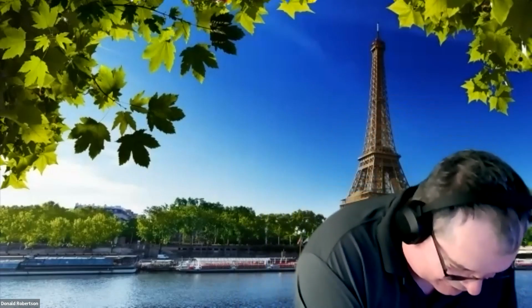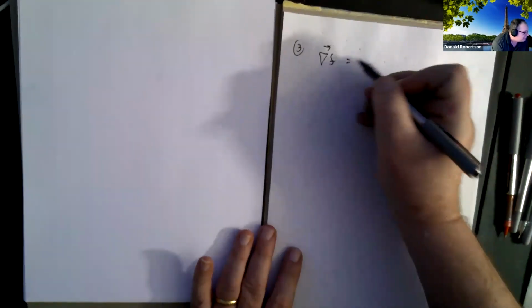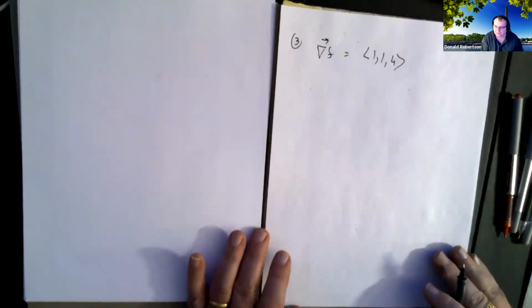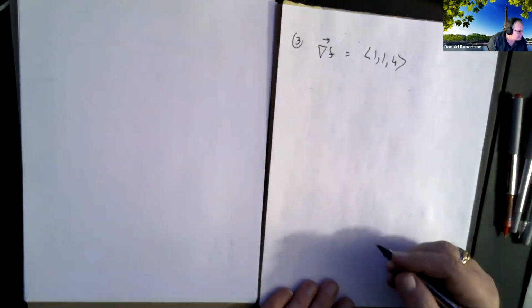If you did the gradient, let me jump to the screens. The gradient part we'll assume you've done, but you can check it as we go through it. In that question, this is question 3, the gradient of the function ended up being 1, 1, 4. I think that's what you should have got. At least, that's what I've got.